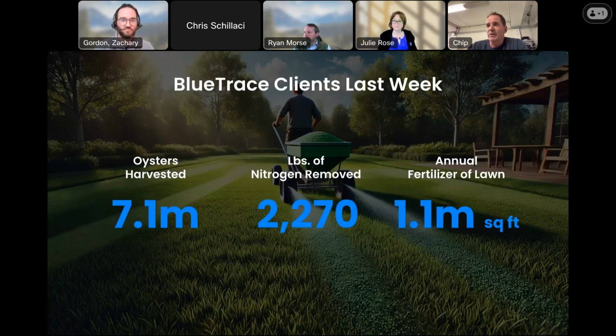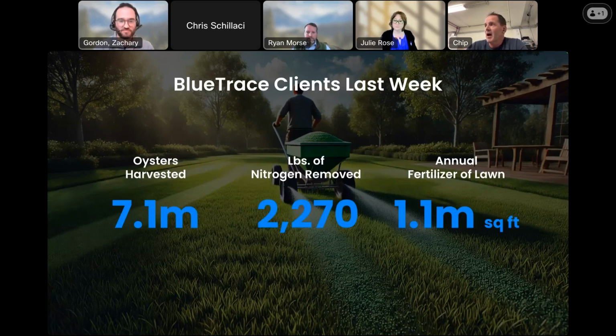So last week, our clients printed over 71,000 tags, which equates to roughly 7.1 million oysters harvested just last week.